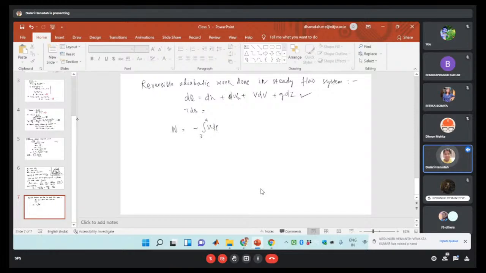So larger specific volume means the reversible work produced or consumed will be larger. What I mean to say is, if your specific volume is higher, then your work produced or consumption will be larger from this equation.